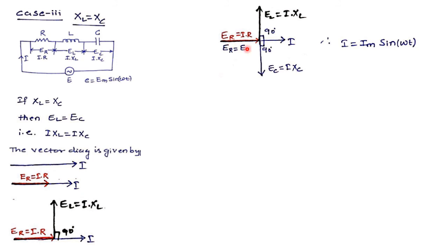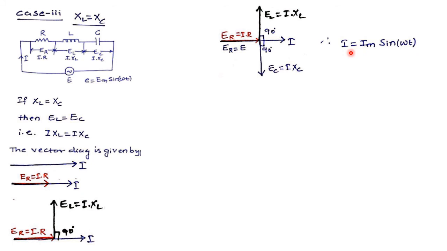So ER is equal to E, hence the resultant voltage is in phase with the total current of the circuit, hence the effect of this circuit is resistive. So when XL is equal to XC, my circuit behaves resistive, and we see from this phasor relation that the total voltage E will fall in phase with the circuit current I. Therefore I is equal to Im sin omega t.